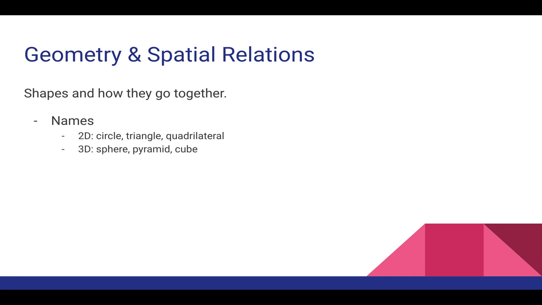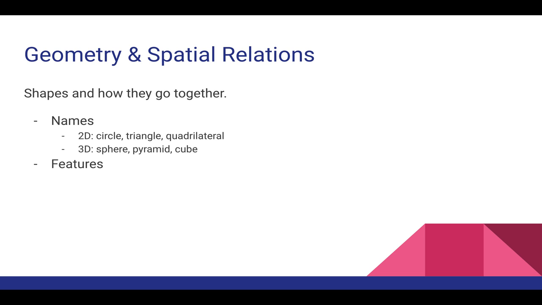In 3 dimensions, we talk about spheres, which are just balls, and pyramids and cubes. Now, pyramids and cubes are some of my kids' favorite things to make using magnetiles.